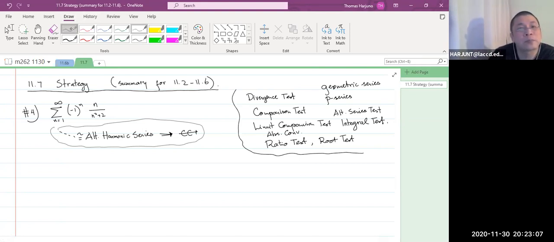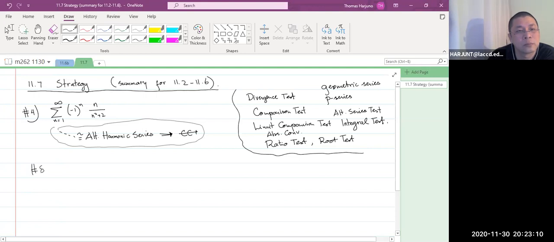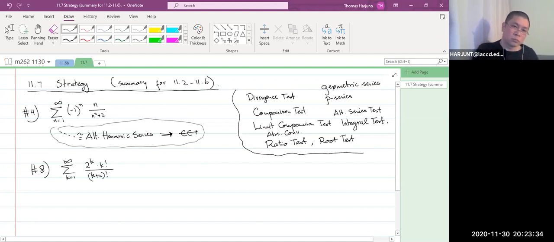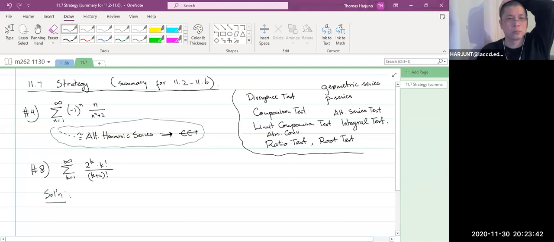Number 8. The series k equals 1 to infinity of 2 to the k times k factorial over (k plus 2) factorial. Let me use ratio test.